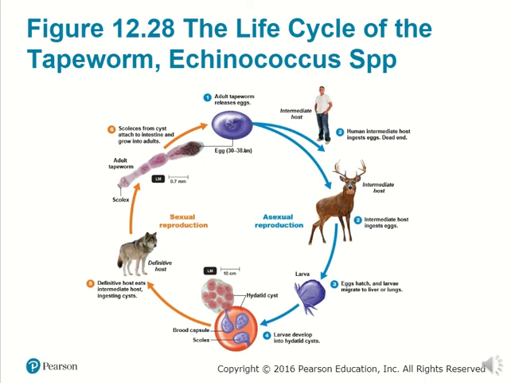Typically in the life cycle, a human will be a dead end and they will not reach their next desired host, which involves deer, and then their definitive host, which is the wolf.